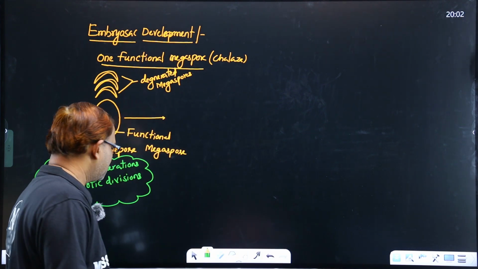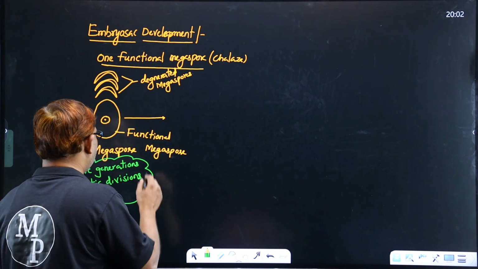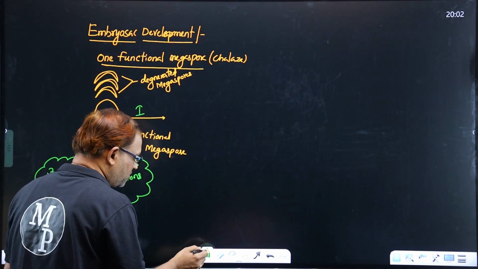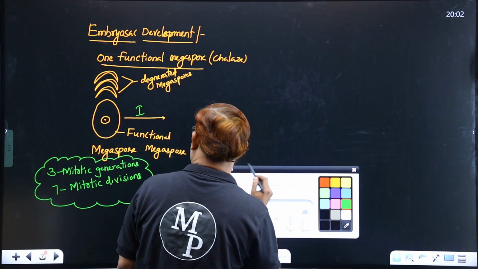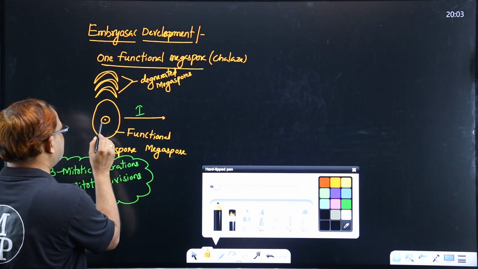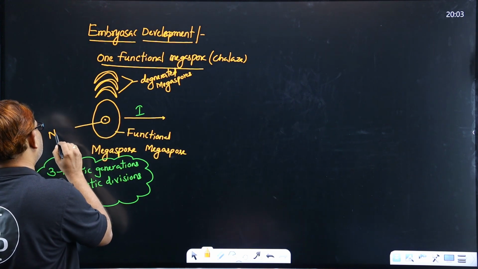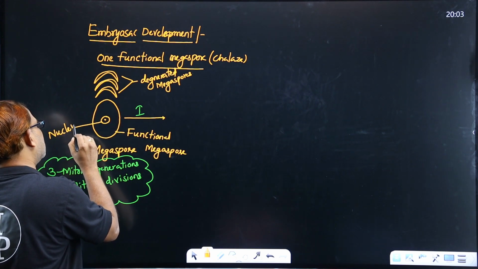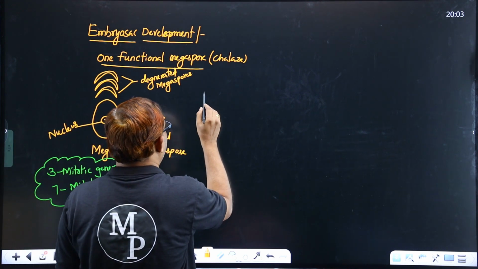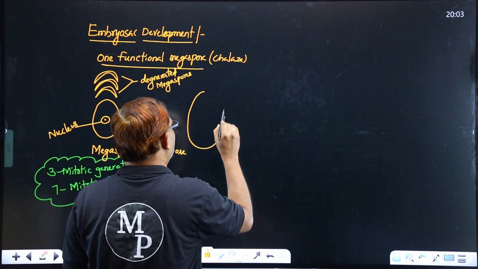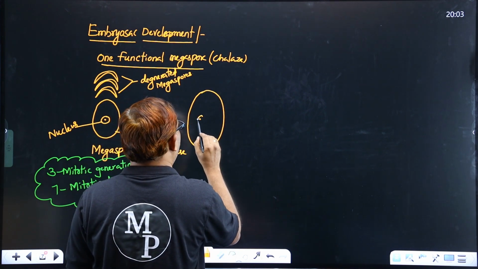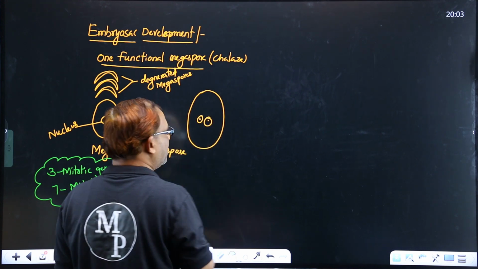Very important. This is the first mitotic generation. Inside, there is a functional nucleus. This nucleus undergoes the first mitotic division. Now 2 nuclei are formed.